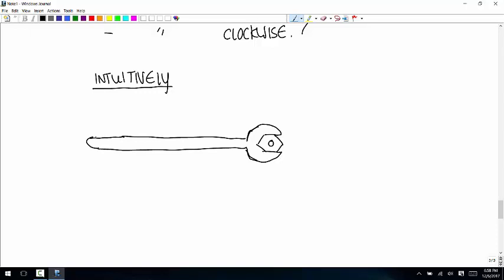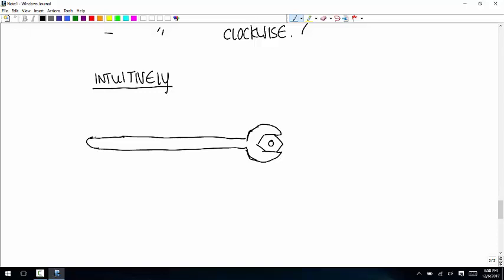Two things come into play when you're trying to turn this bolt. One is how much force you put on the wrench, and the other is how far from the thing you're trying to turn you apply that force.